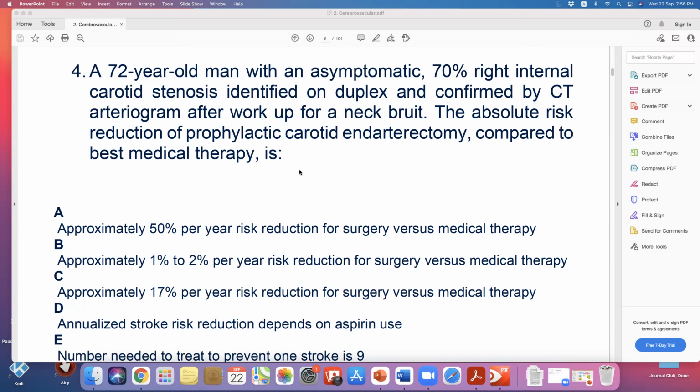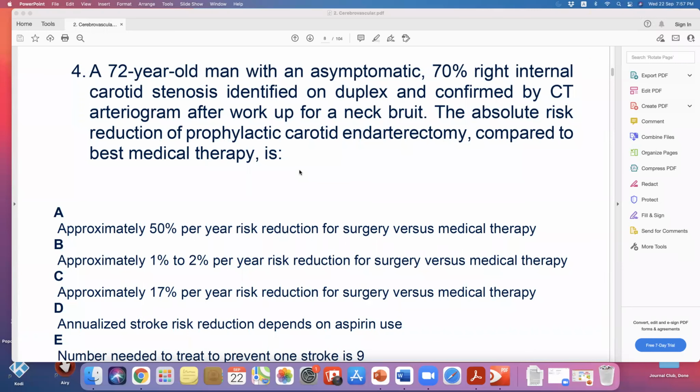Absolute risk reduction of prophylactic carotid endarterectomy compared to best medical therapy, for a 72-year-old asymptomatic 70%. When we do surgery versus medical treatment, how much do we decrease his risk per year?